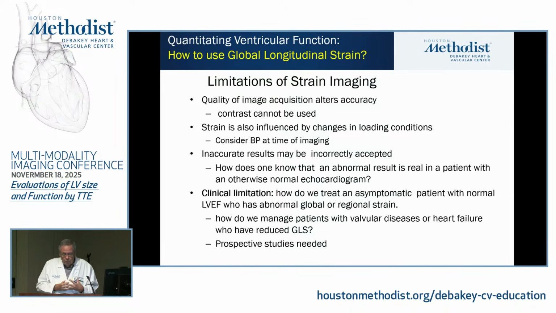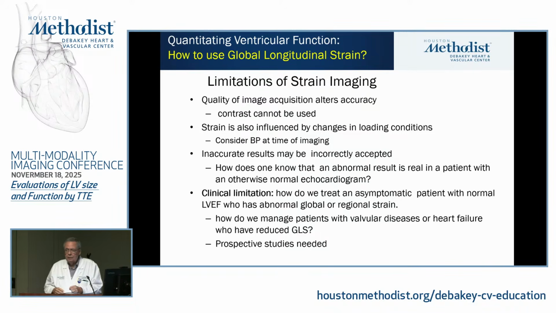And then, how do we treat asymptomatic patients that have normal EF but abnormal global or regional strains in different conditions? In other words, what's different between an HFpEF with a low strain and an HFpEF with a preserved strain? Are we going to make any dramatic changes from here on?